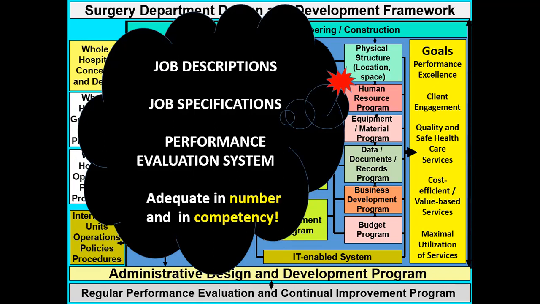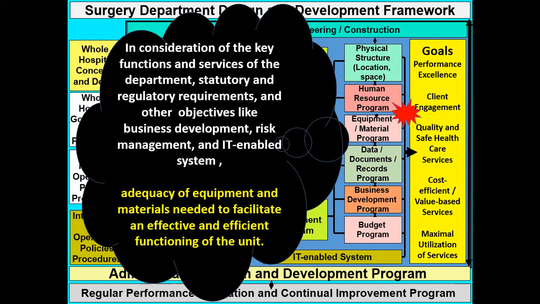This must be documented. As to the equipment and material program, there must be documents showing the adequacy of equipment and materials. This must be computed and rationalized, as needed to facilitate an effective and efficient functioning of the unit in consideration of the key functions and services of the unit.